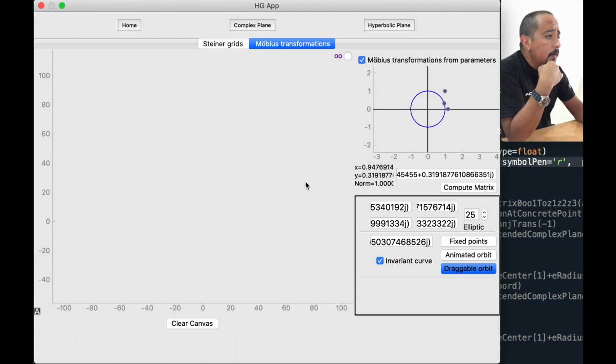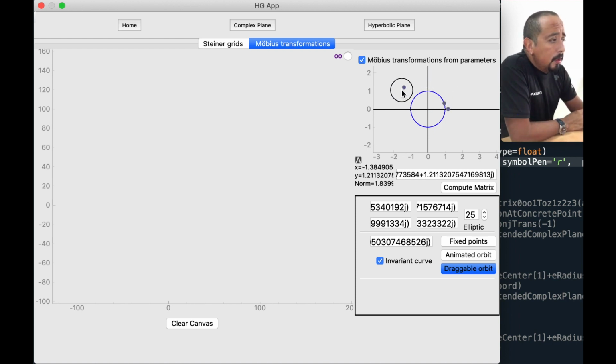Clear, and then now let's have a look at a loxodromic one, right? So here I have this point that I put anywhere but the positive real axis and the circle. So let's say somewhere here, also close, you see, close to 1.